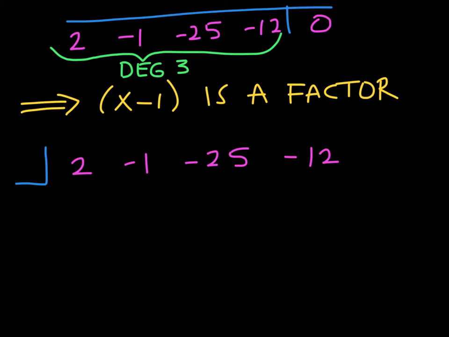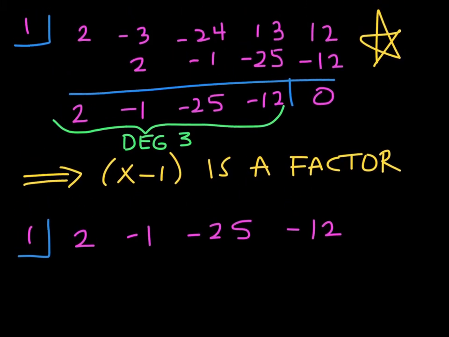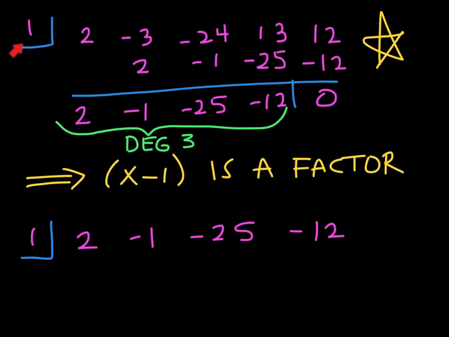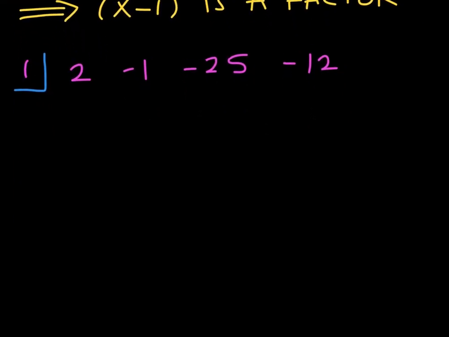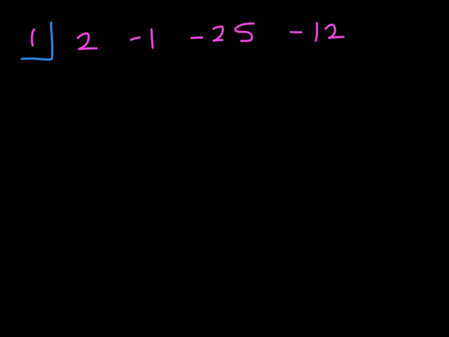Actually, that's not true. I'm going to try the same number again. Why? We just figured out that 1 is a 0, right? Why am I doing it again? Well, I'm checking for multiplicity. If 1 turns out to be a 0 again, that means it has multiplicity 2, right? So right now I'm checking 1 again to see if it has multiplicity of more than 1, all right?